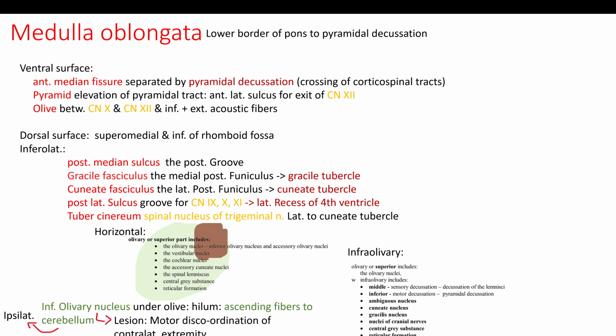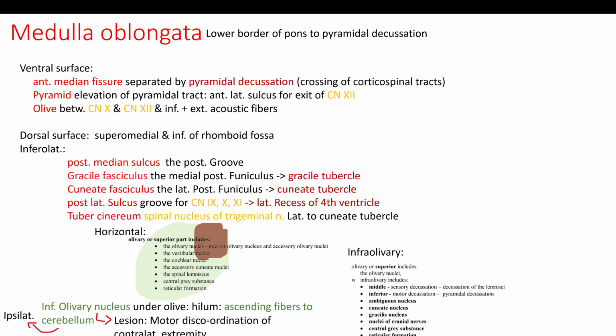Now we come to the last column, the medulla oblongata, also known as the myelencephalon or bulb. It extends from the pons to the pyramidal decussation, and we can find these surfaces.